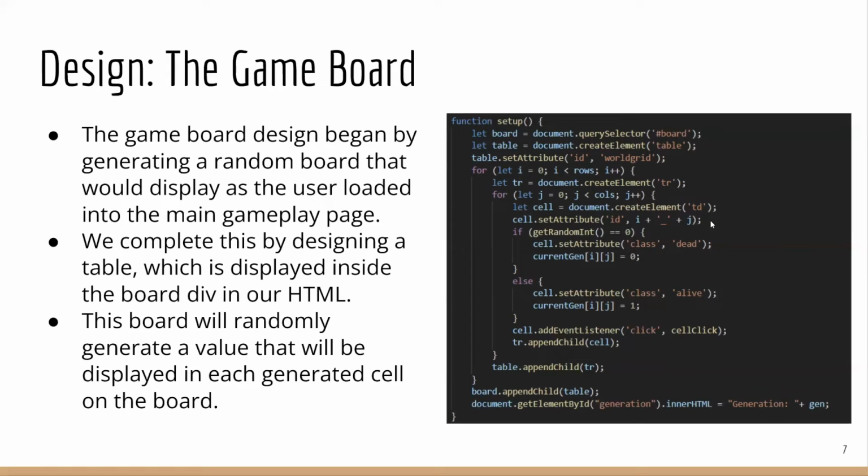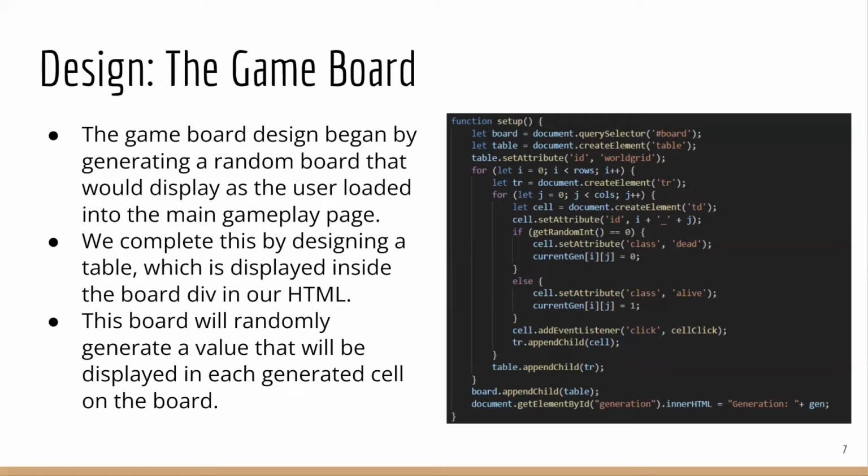The cells are then given an ID so we can reference them later. And by using a get random integer function, which has a floor of 2, we either get a 0 or 1 returned. If we get a 0, we set the class to dead. If we get a 1, we set the class to alive.